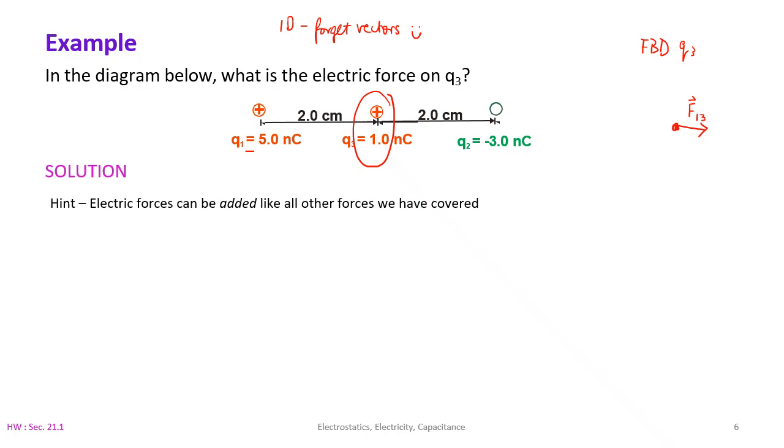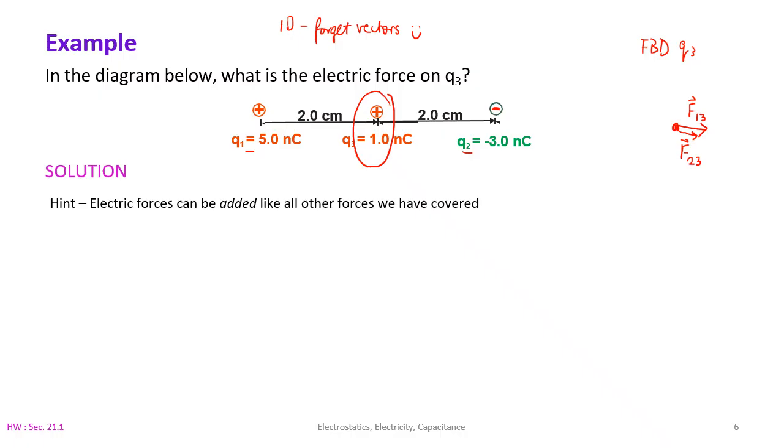We also have a negative charge on the right-hand side, Q2. So that's going to put an attractive force on Q3. So we're going to have here force on 3 due to charge 2. So you can see we had to consider these two charge pairs.